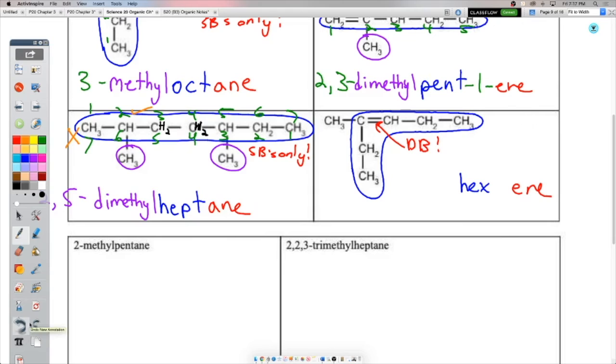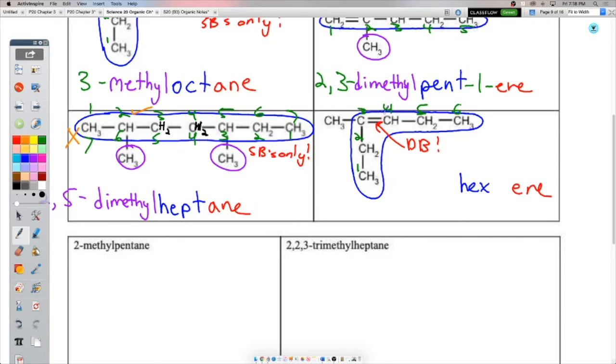What if I start here and say this is carbon number 1, 2, 3, 4, 5, 6? Now my double bond is on carbon number 3, and so is the branch. So it's 3, 3 versus before when it was 3 and 4. Since that gives me the lower number for the double bond and for the branch, I should go that way. So that should be my numbering.